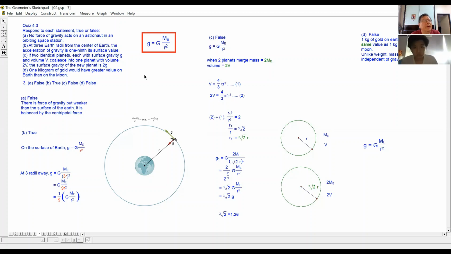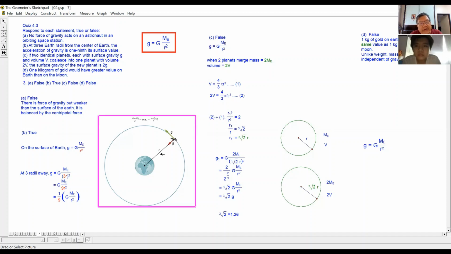Okay, right. So we look at the first statement. No force of gravity acts on an astronaut in an orbiting space station. So we refer to the diagram here. So this is the orbiting station or satellite or whatever.